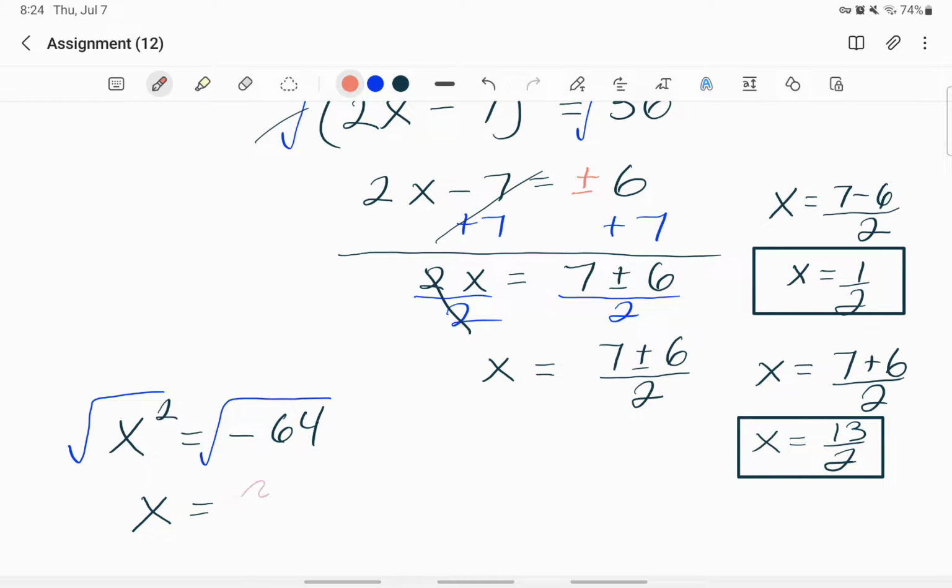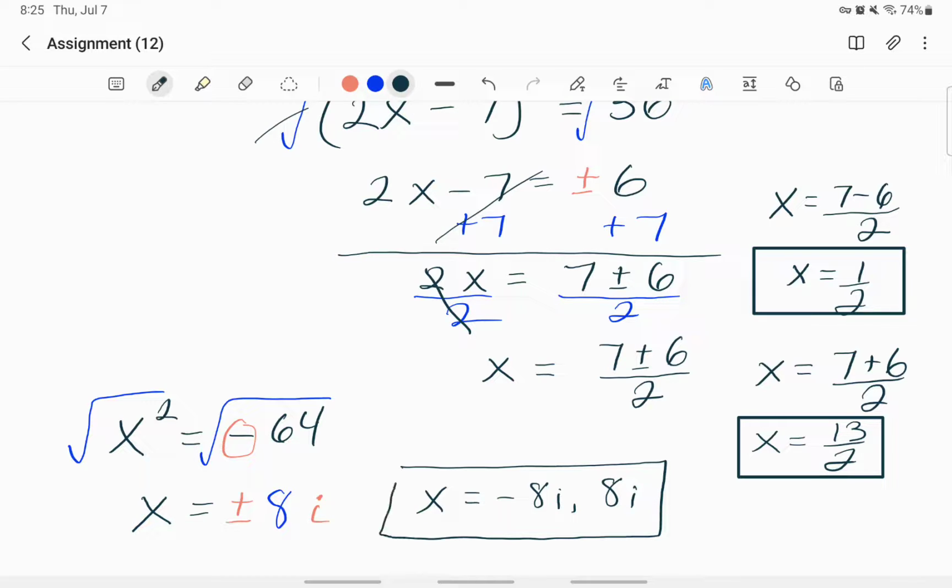Put your plus or minus down immediately. You have a negative under a square root. Whenever you have a negative under a square root, just know your number is going to be imaginary. Let's make this here my i. And the square root of 64 is 8. So x is equal to positive and negative 8i. Negative 8i, positive 8i. So you have 2 complex solutions.